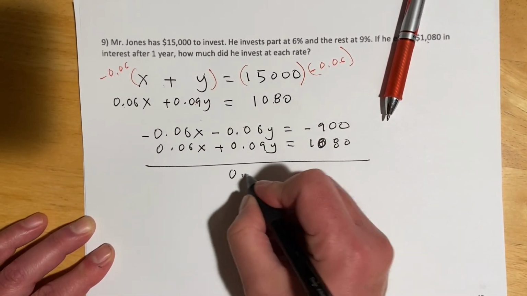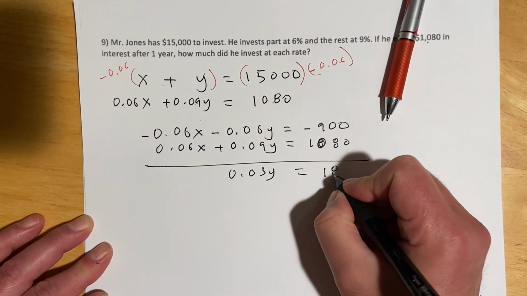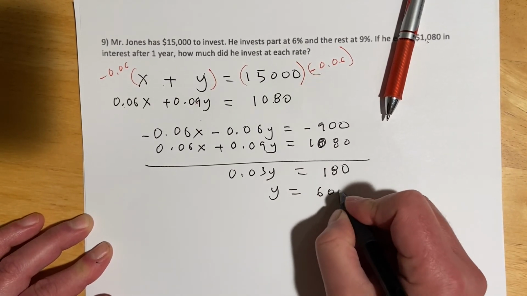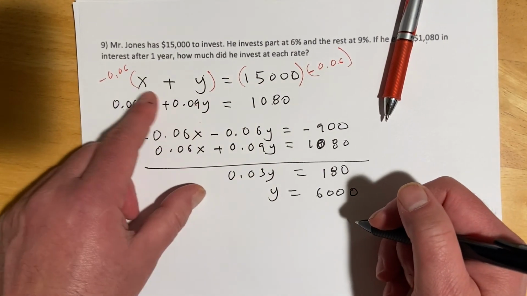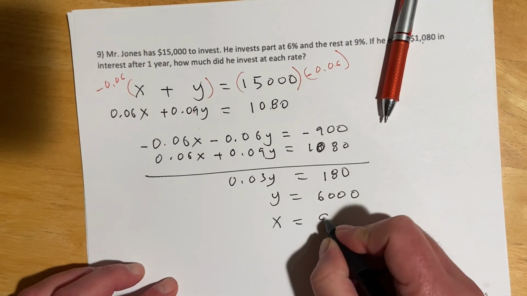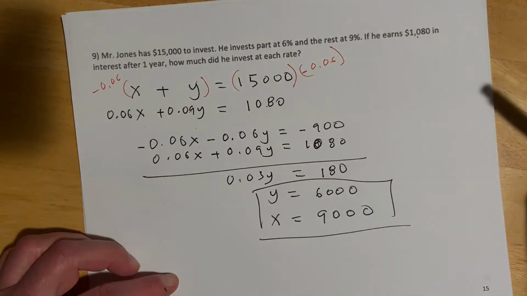And so here we'd have 0.03y, and that equals 180 on this side. And then dividing that over, it looks like y is 6,000. And then remember, he had 15,000 total, so then something plus 6,000 makes 15,000. So x must be 9,000 when you do the back solve.